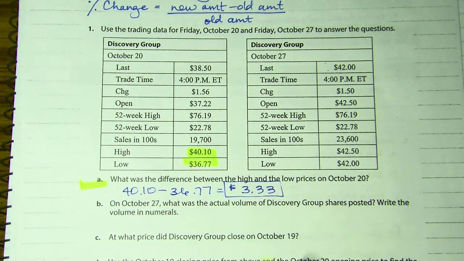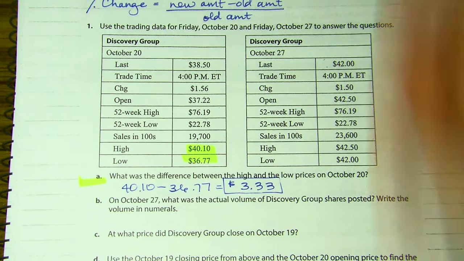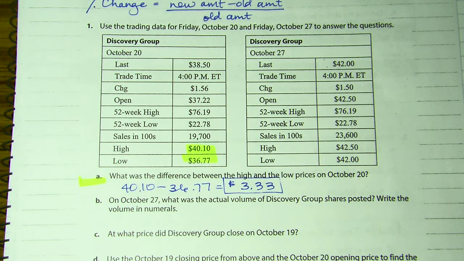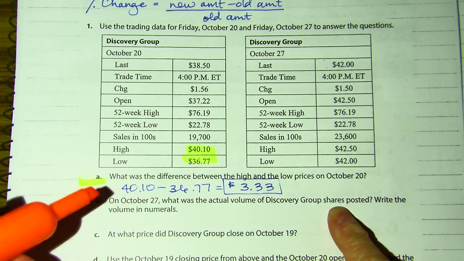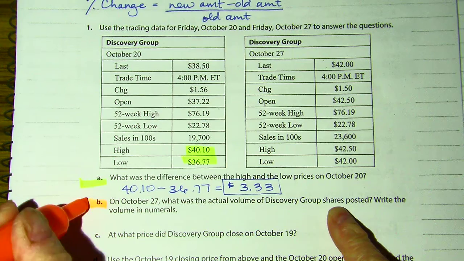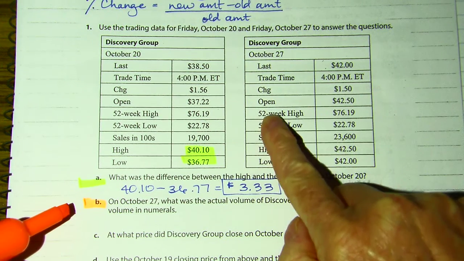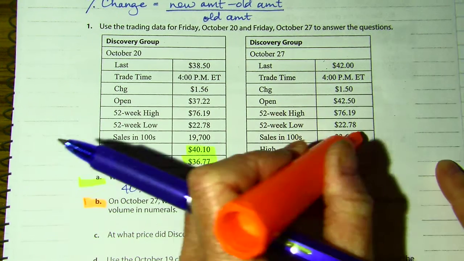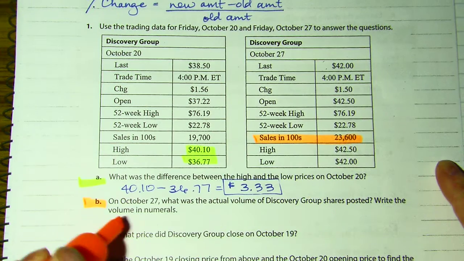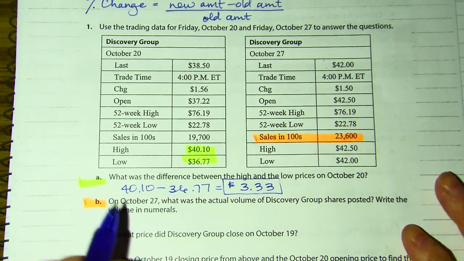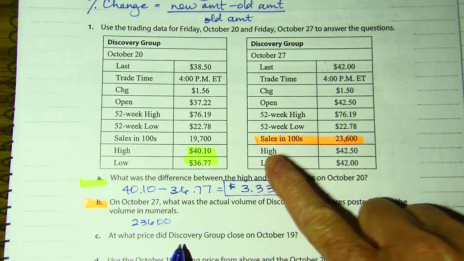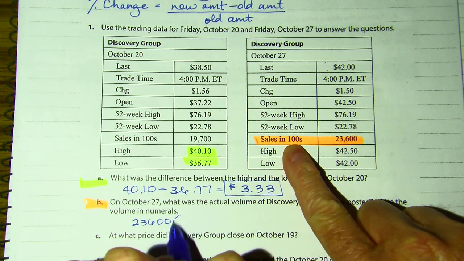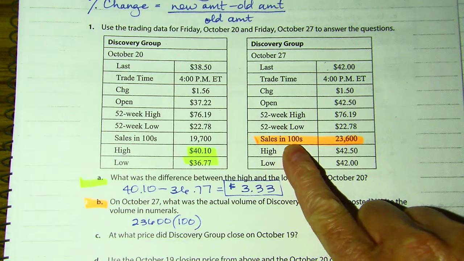Part B, on October 27th, what was the actual volume of Discovery Group shares posted? So we're going to calculate volume. October 27th, it says sales in the 100s. I'm color coding this for you. 23,600, but this is sales in 100s, so you're multiplying by 100.